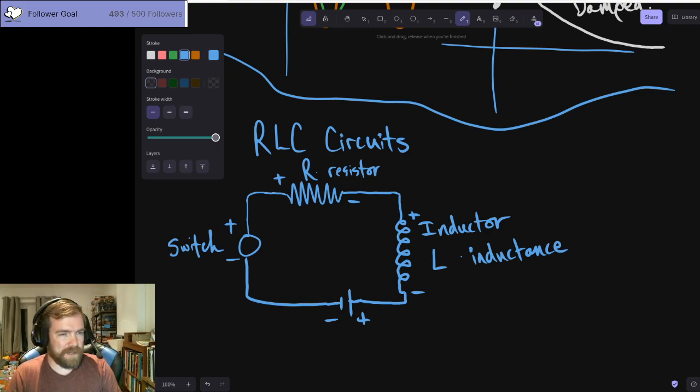So high inductance is like high inertia, high resistance is like high friction. I think this is going to work best in terms of finding an analog for how RLC circuits connect to our spring mass system model.